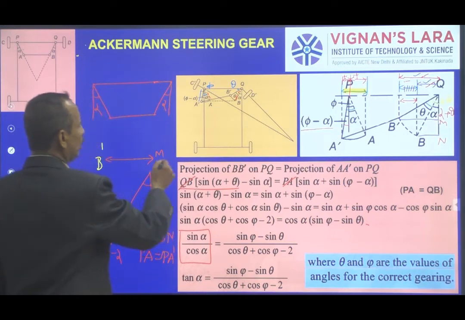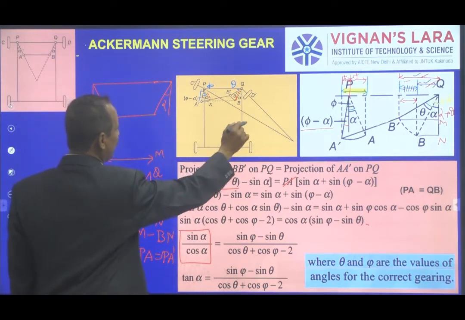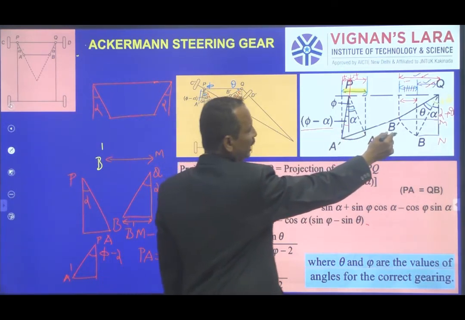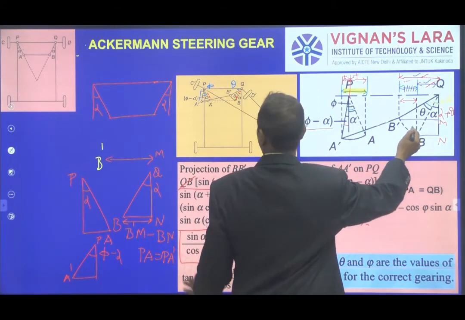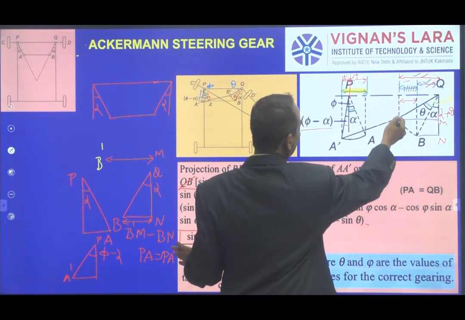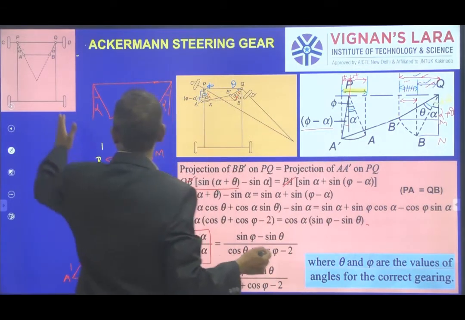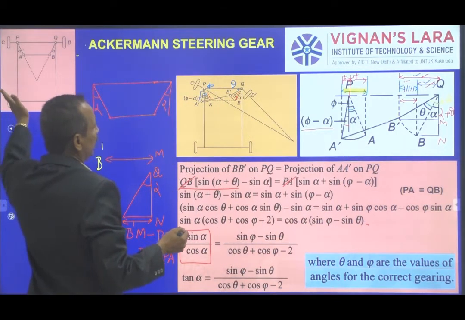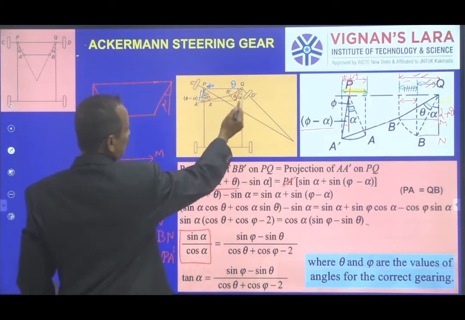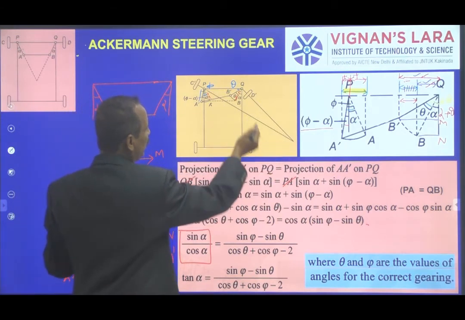So you can take either a right turn or a left turn. In this case, we have taken B shifted upward and A shifted outward. So the turn is taken like this, an inside turn, that is, the right turn is taken.